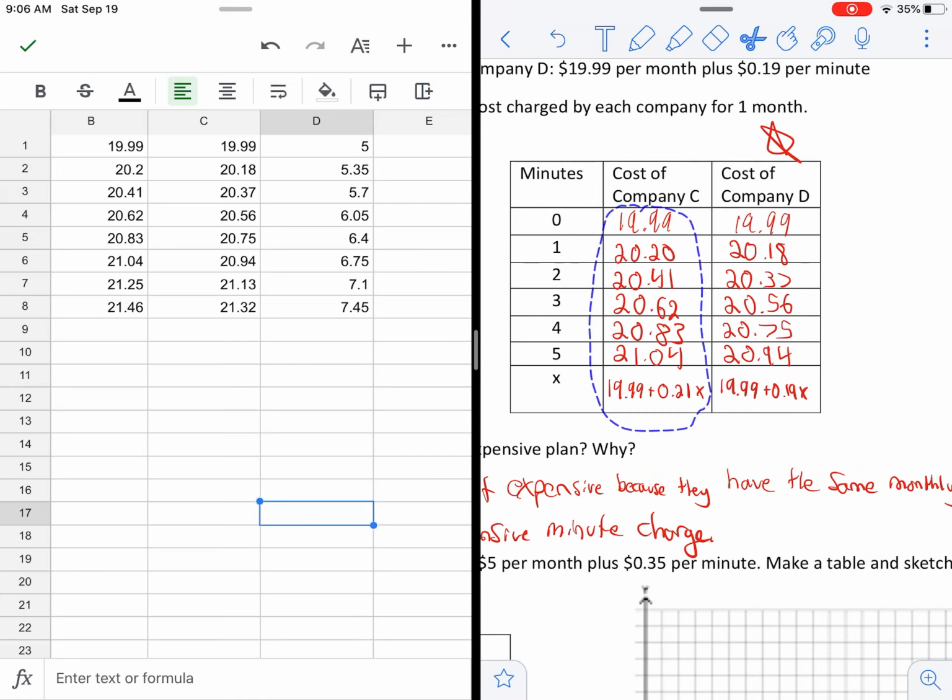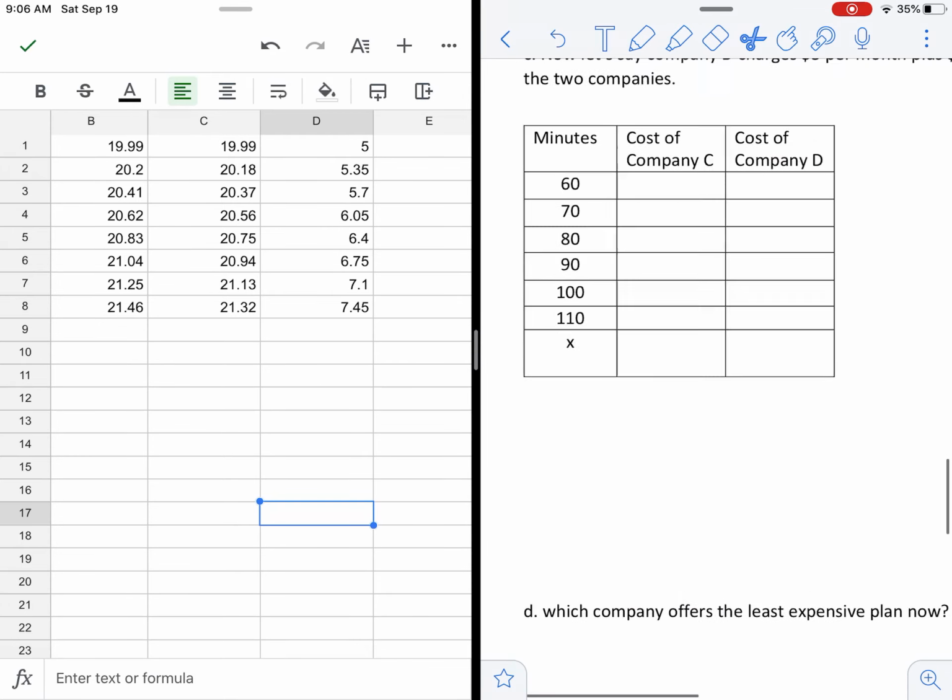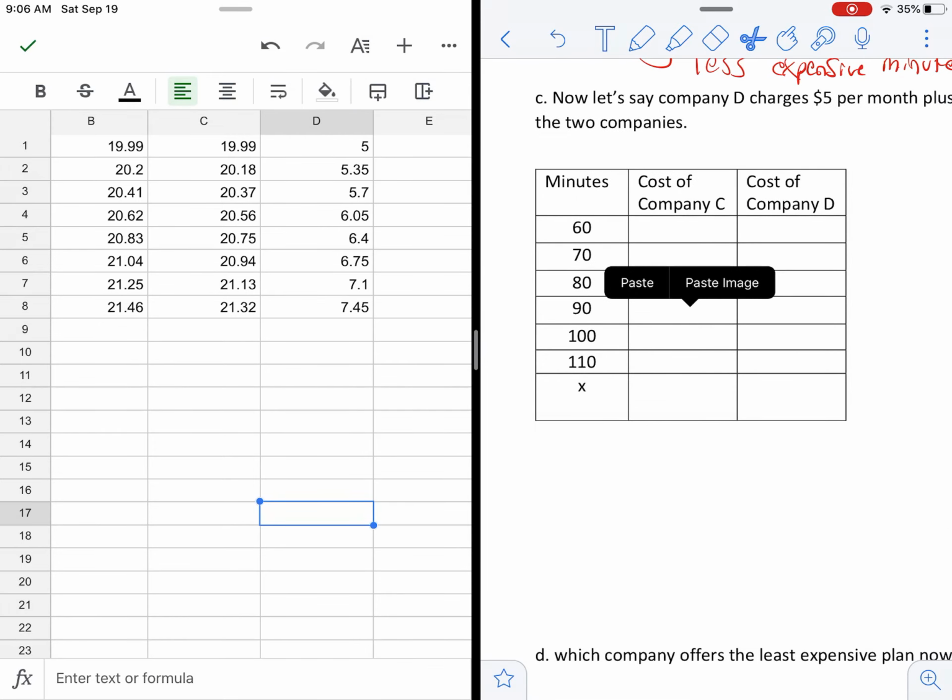And I believe there's a way to copy this. Copy, yeah. And paste. All right, first time I've done that, so that's pretty slick.